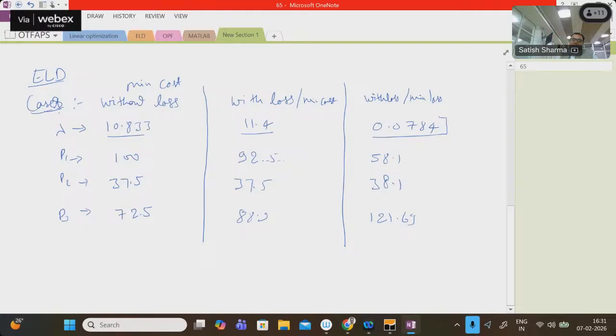Anyone? I hope you are typing your response. I will move to P1, P2, P3, then come back to the lambda again.